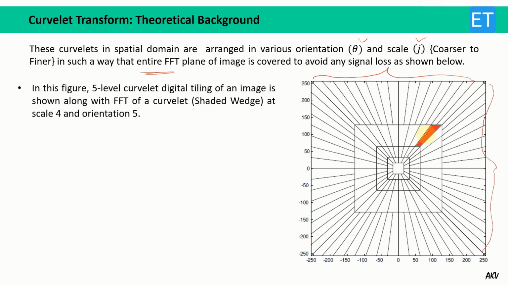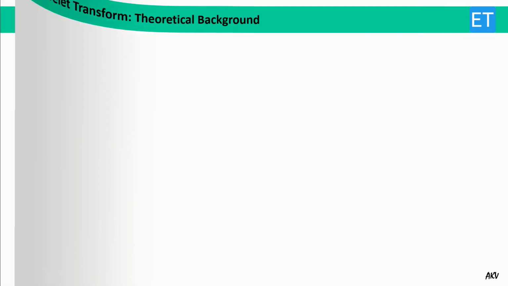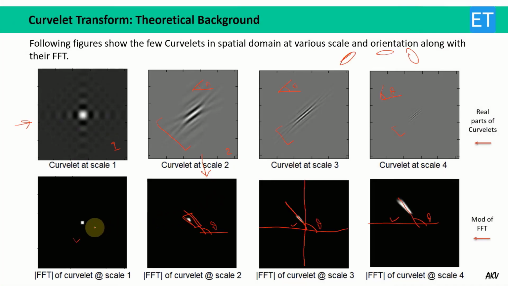So in this figure, this red one is the Fourier spectrum of one curvelet in the spatial domain, which is at scale 4 and orientation 5. Why scale 4 and orientation 5? Because this center one, as you can see in the previous slide, this is your curvelet at scale 1, and in the frequency domain it gives this center square.